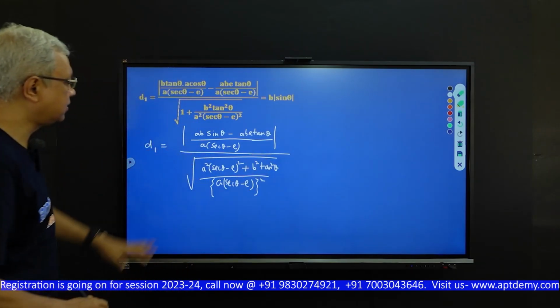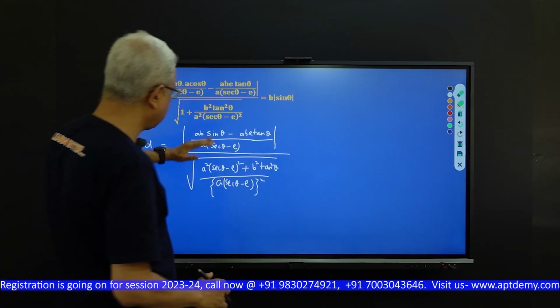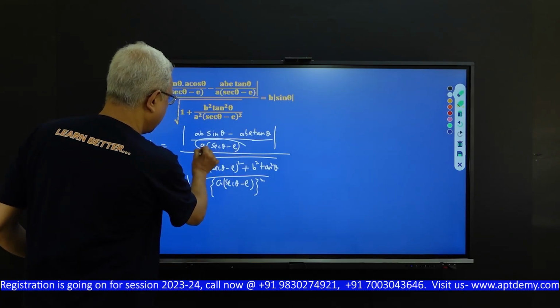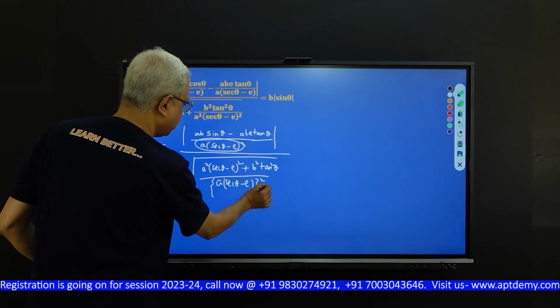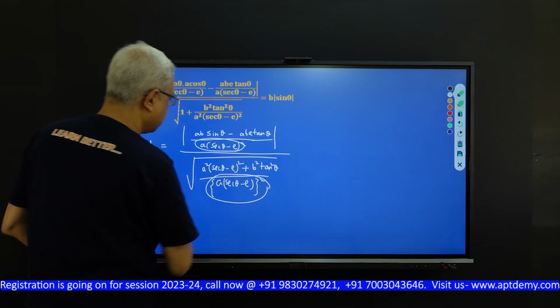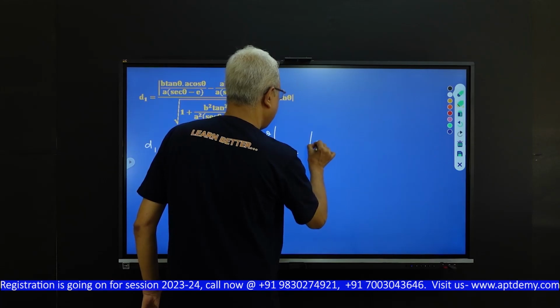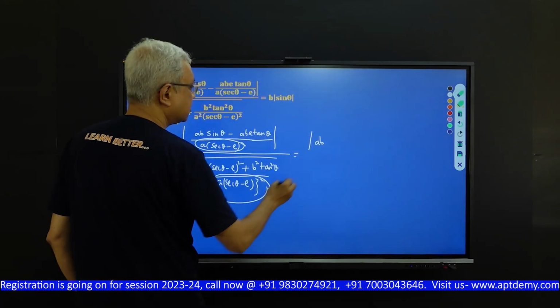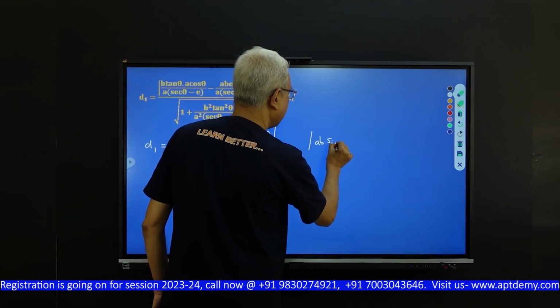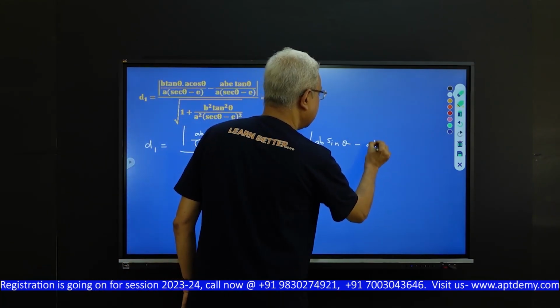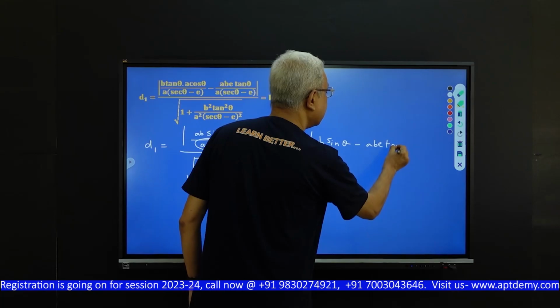So from this we can readily write that the denominator of the numerator and the denominator of the denominator are the same. So I can simply write it as ab sin theta minus abe tan theta.